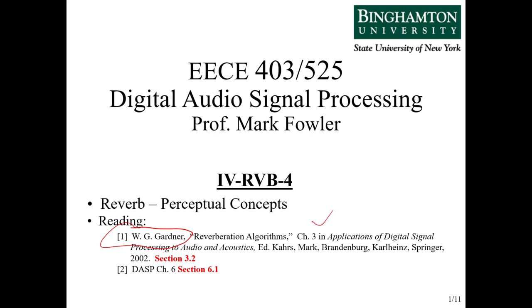And I've alluded to this chapter 3 in this edited book before. We've drawn from this reference in the past. We're now looking at section 3.2 of that. And as I've said in the past, this book may be hard to get. I think it may still be available, but it's quite expensive.